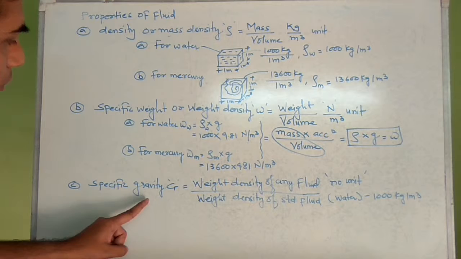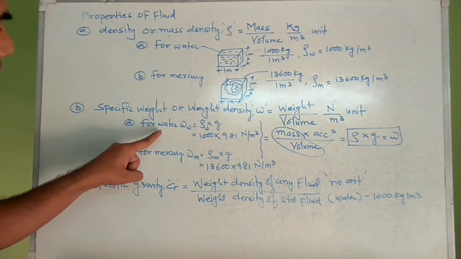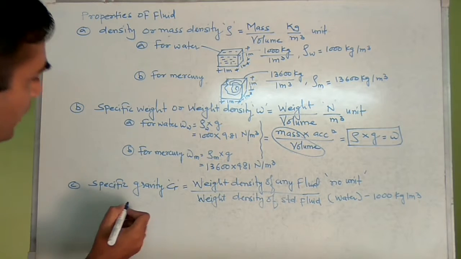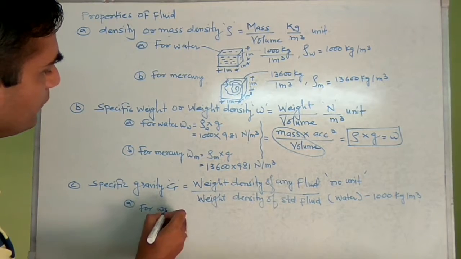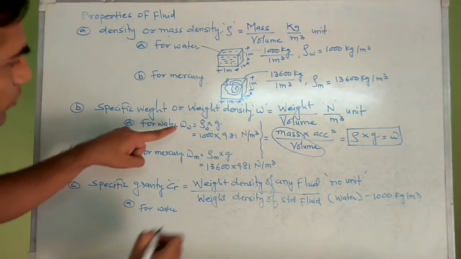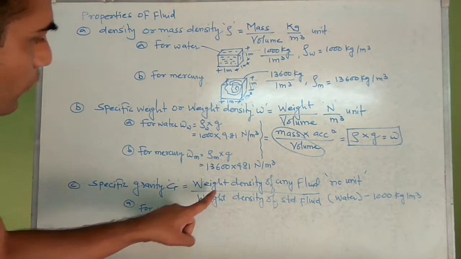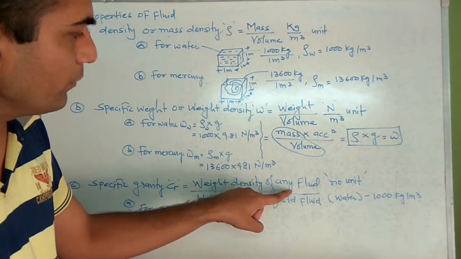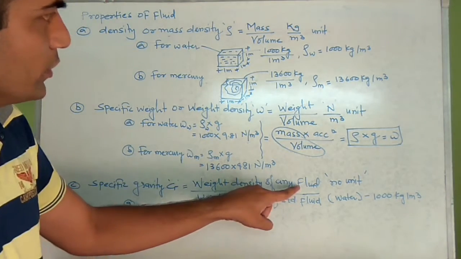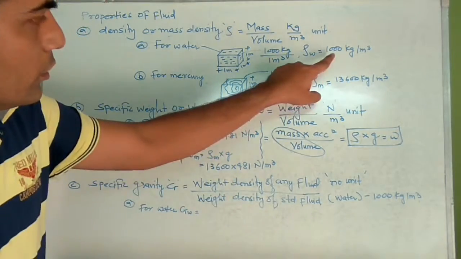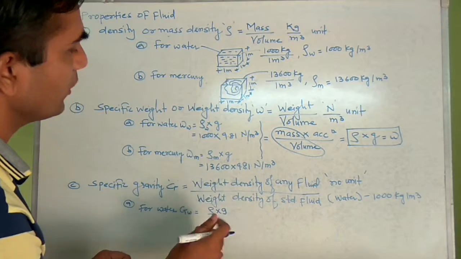Now, if we are calculating specific gravity for any material or any substance, again we'll take the same option, that is A, for water. What is the specific gravity for water? In the formula, weight density of any fluid, now we are taking water. So weight density of water is how much? Weight density means rho multiplied by g, we know that.